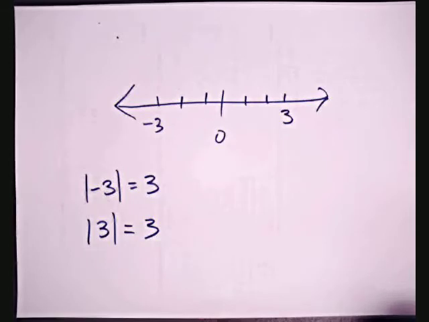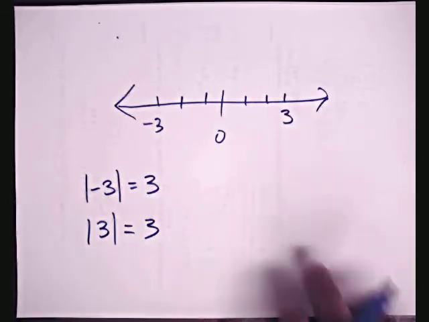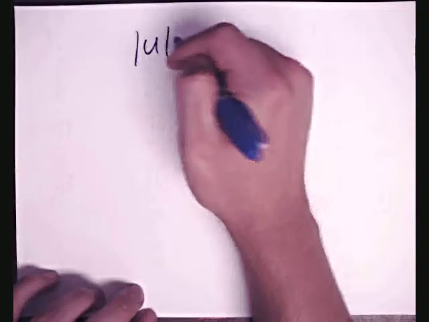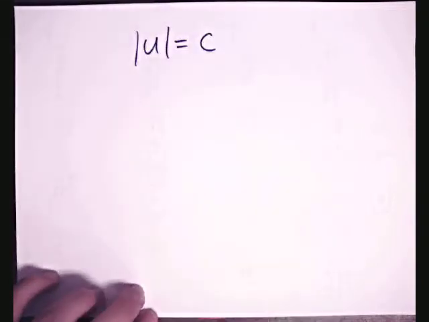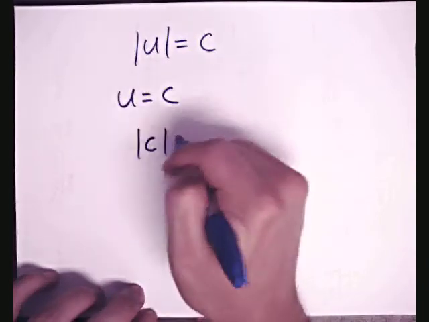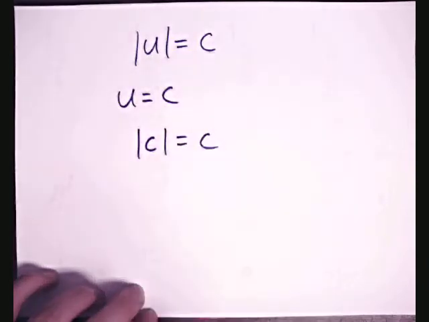Okay, so when we solve an absolute value equation, we want to think of that. So if we have an expression u equaling some constant c, then if my expression equals positive c or negative c, then we get a true statement. So again, if we have absolute value of u equal to c, if u equals c, I have the absolute value of c equals c.